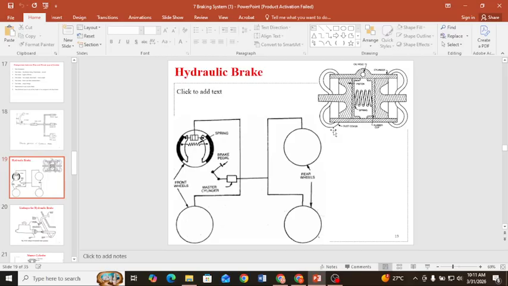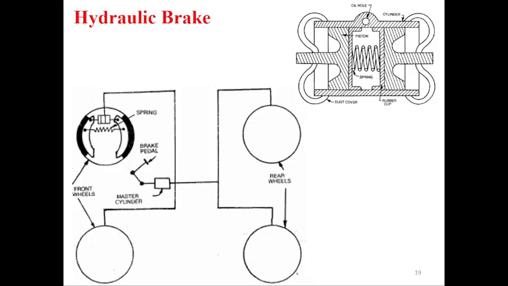So how do hydraulic brakes work in any two-wheeler, four-wheeler or heavy vehicle? In the image in front of you there is a piston, and above it there is a return spring. The piston moves with the spring, and the movement of the oil takes place with the help of compression and expansion of the spring.